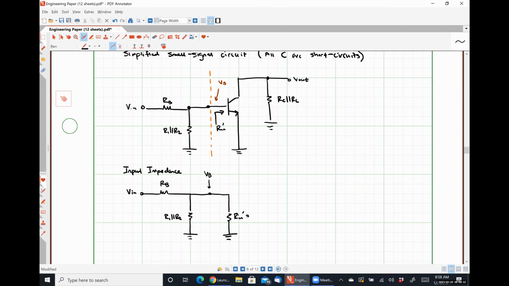Look back through your notes. What kind of circuit is this? Where's an RE? Or what's RE in this case? I got no problem with using that if you can tell me what RE is. It's 0, which means it's just r pi, right?